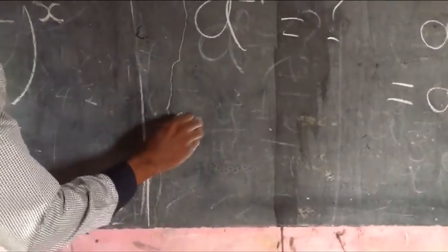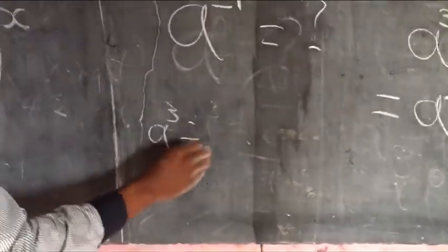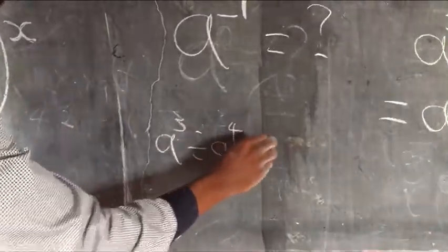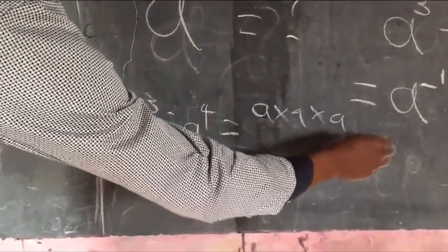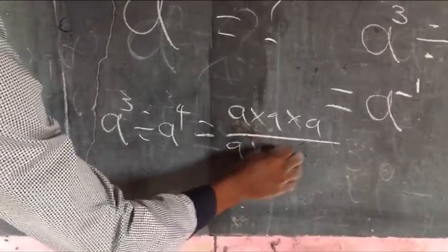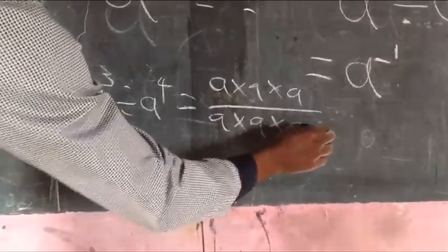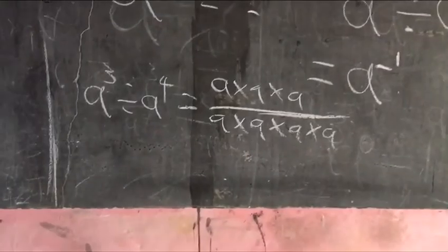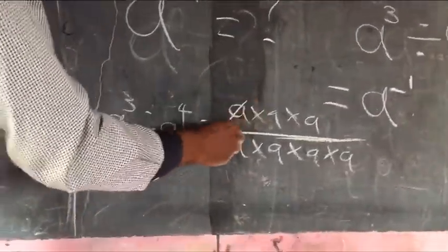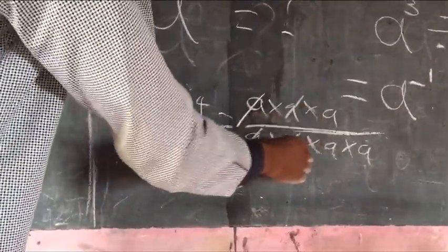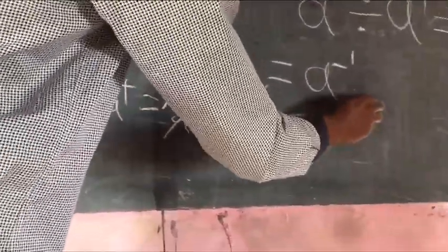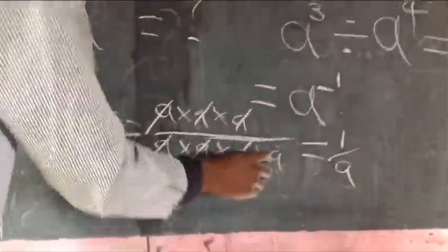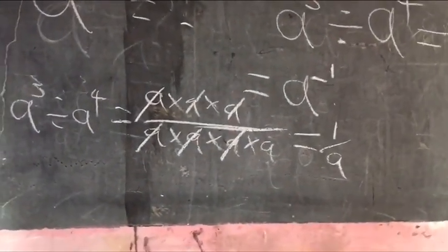So a raised to power 3 divided by a raised to power 4 like this means a times a times a over a times a times a times a. So you say this one will cancel, this one will cancel, this one will cancel. What will remain? It remains 1 over a. Remains 1 over a like this.